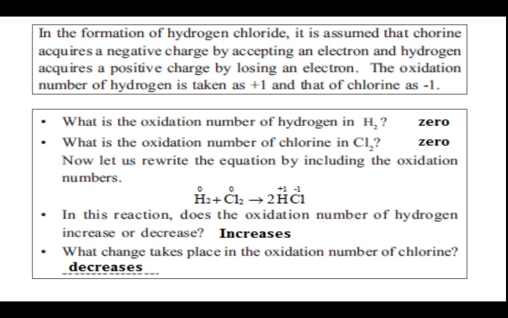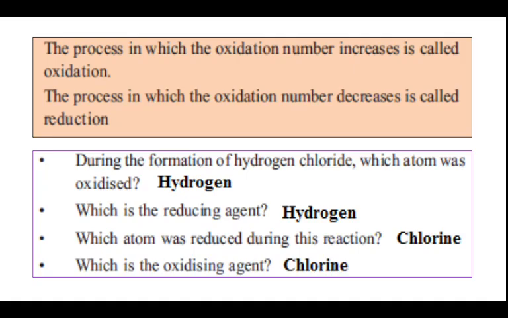In this reaction, does the oxidation number of hydrogen increase or decrease? It increases. What change takes place in the oxidation number of chlorine? It decreases. The process in which the oxidation number increases is known as oxidation and the process in which the oxidation number decreases is known as reduction.